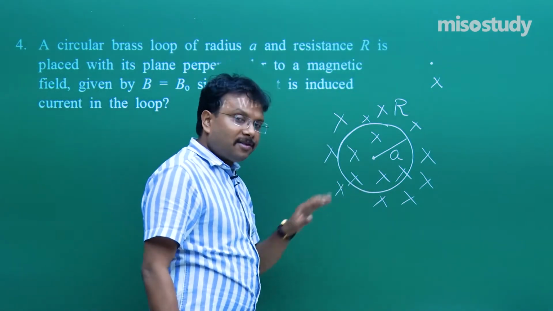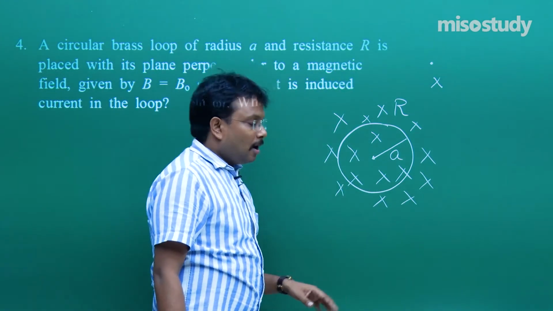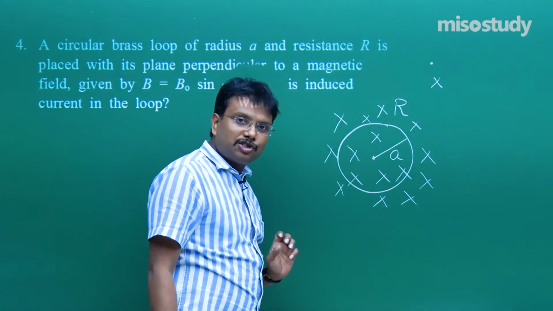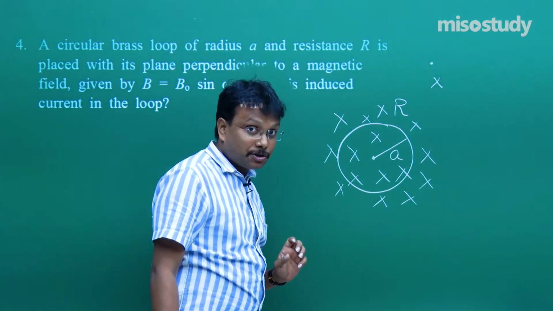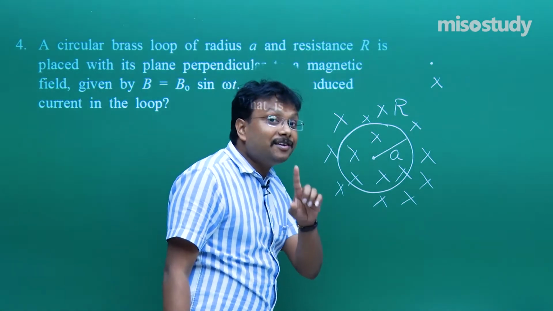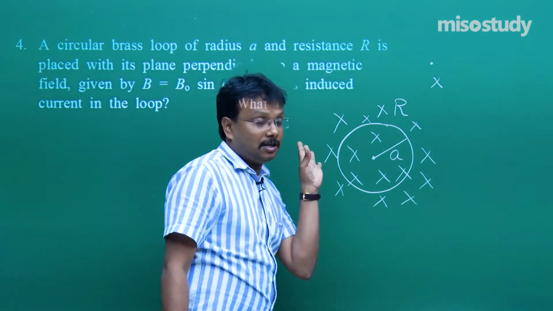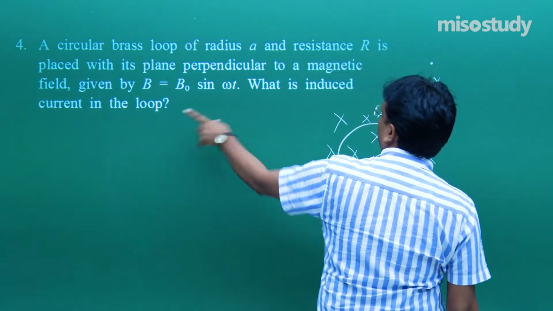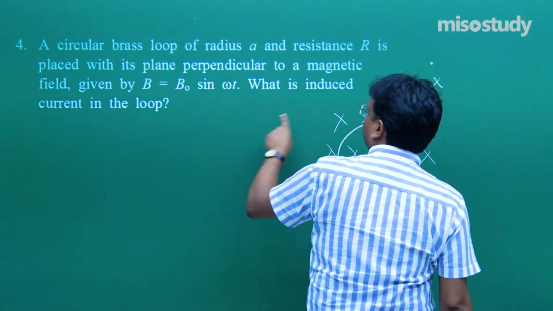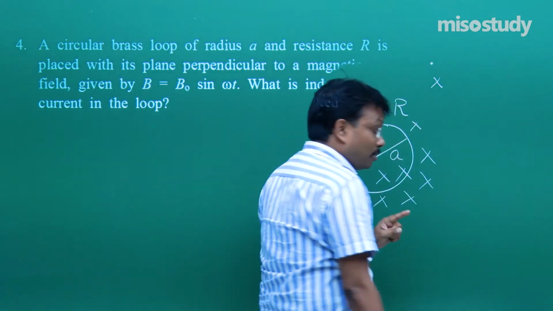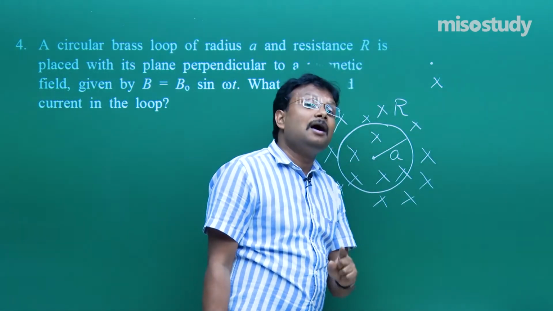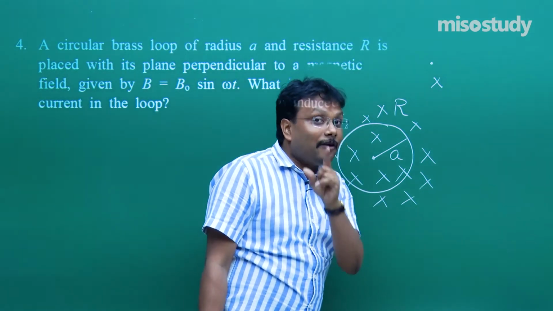Because the area is not changing, because theta is not changing, but the magnetic field itself is varying, itself changing. So, flux change will take place and then induced current. Now, first you have to calculate the induced EMF due to flux change.